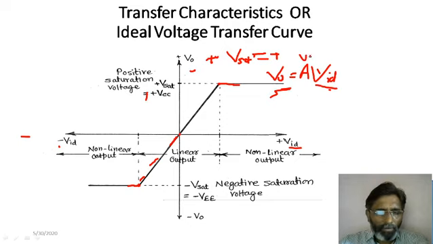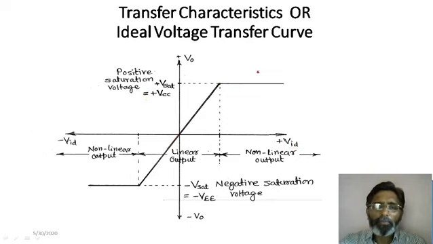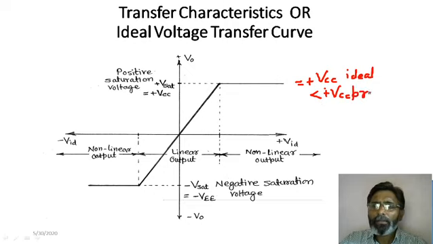Yeah, there is some problem with the pen. So this level is equal to plus VCC for ideal op amp, and it is always a little less than plus VCC for a practical op amp.